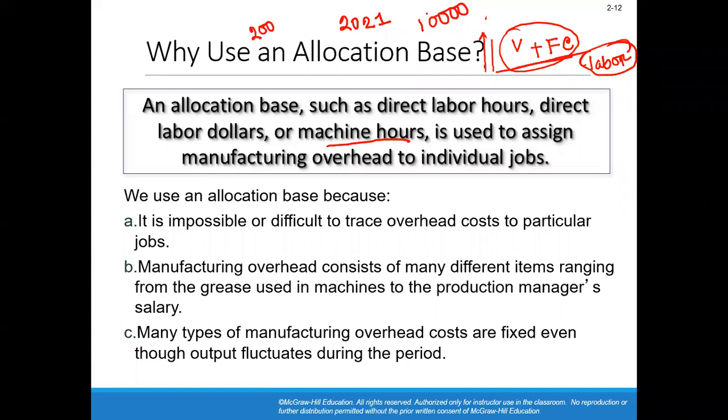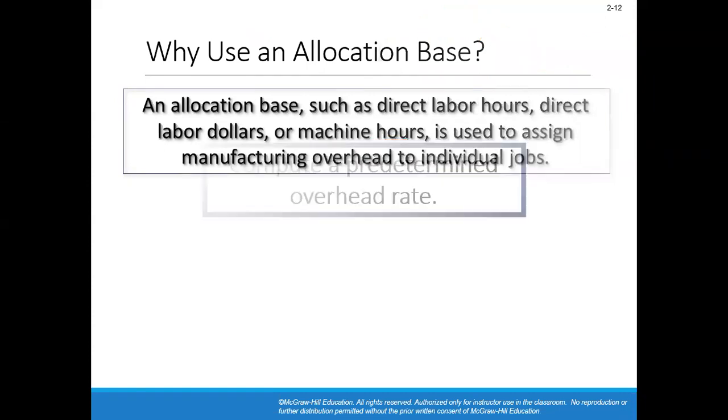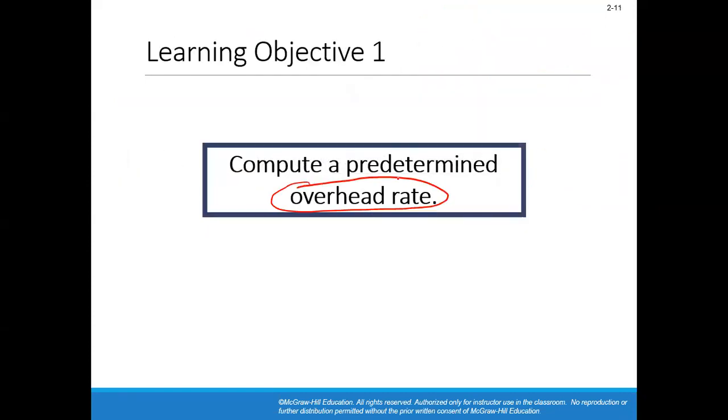So I will take these machine hours as an allocation base, and I will divide the total amount of manufacturing overhead cost by this number of machine hours. I will get a rate, and that rate is the rate of overhead per machine hour. And I will show you how you can apply it.